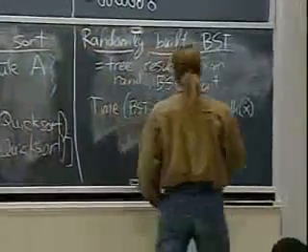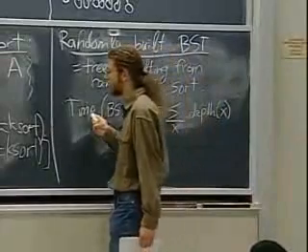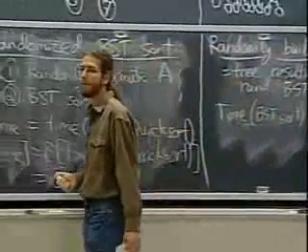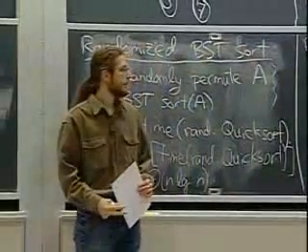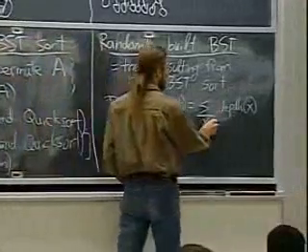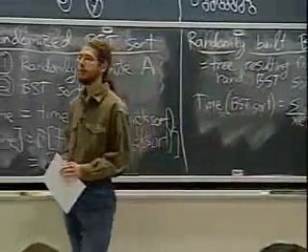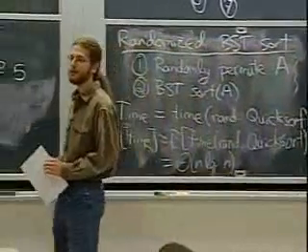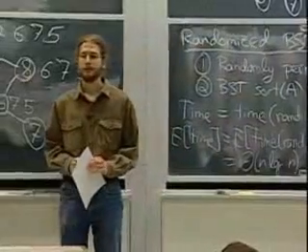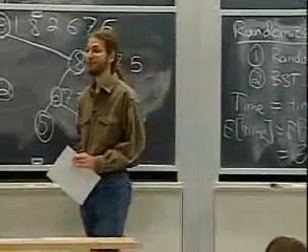So we know that this thing is, in expectation, n log n. What does that tell us about the tree? This is for all nodes x in the tree. Does it tell us anything about the height of the tree, for example?